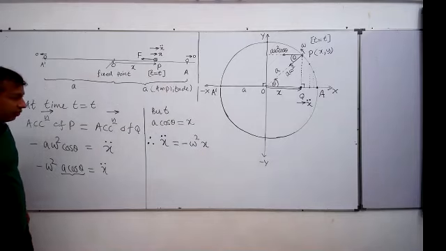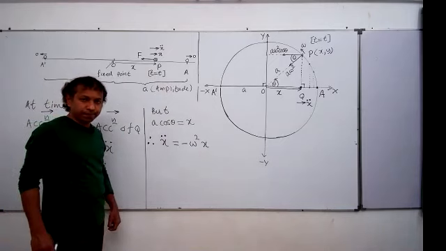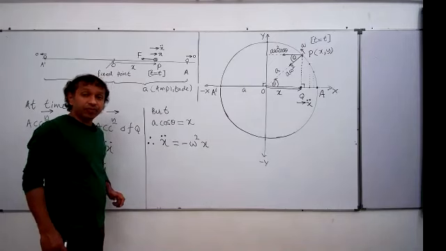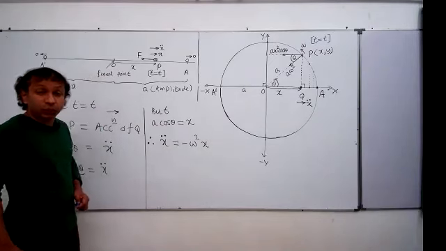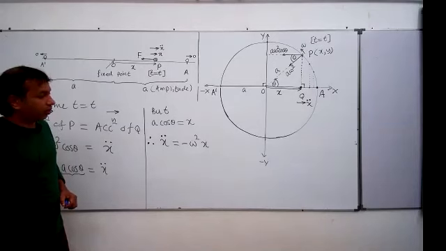The motion x double dot is the acceleration of the point Q. Then the point Q has the characteristic equation of the simple harmonic motion. That means the point Q moves on simple harmonic motion.